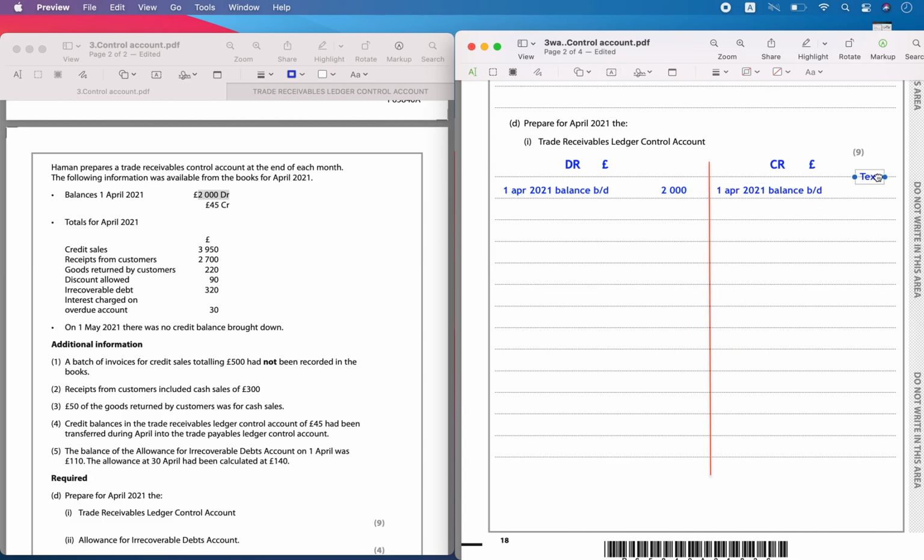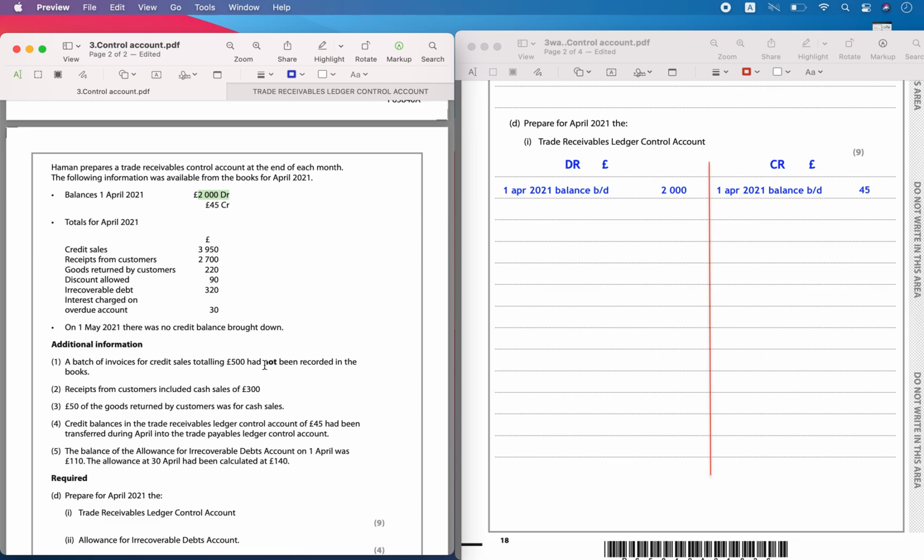45 pounds on the credit side. And then you had credit sales. Okay, the credit sales 3950, but there is additional information given, so let's adjust all the additional information and then prepare this.